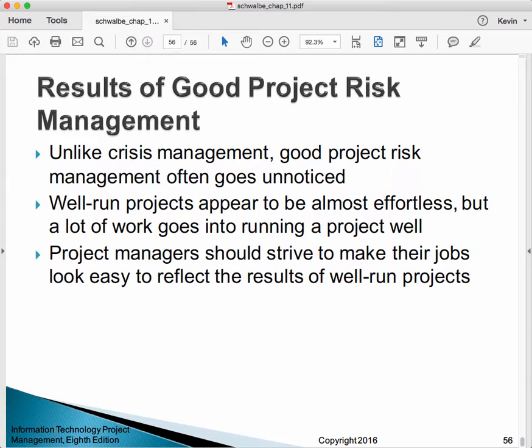Remember that disaster? And they all go, oh, yeah. So we want it to look effortless, but at the same time, we don't want the stakeholders to lose their appreciation for this activity because it's very important.